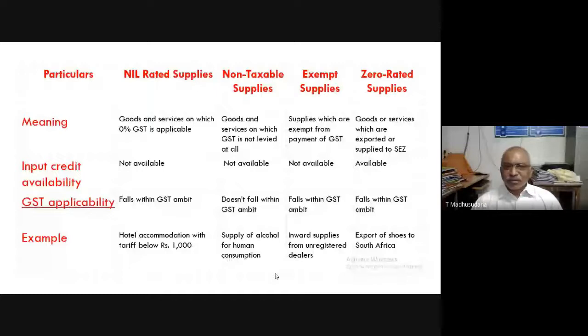Nil rated supplies, non-taxable supplies, exempt supplies, zero-rated supplies. These are four concepts under GST.